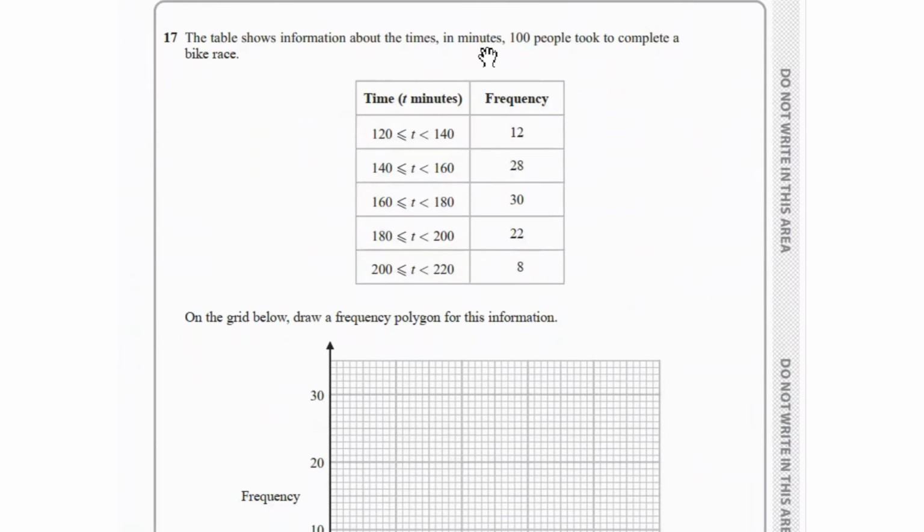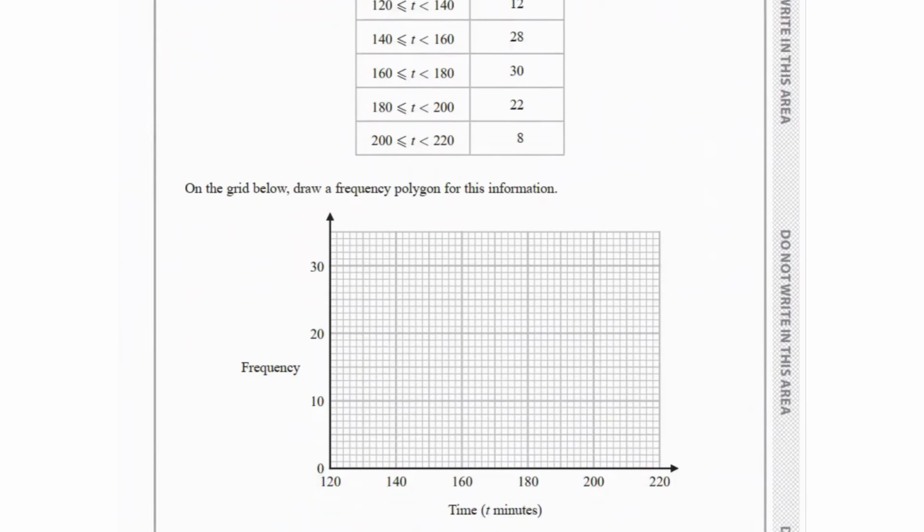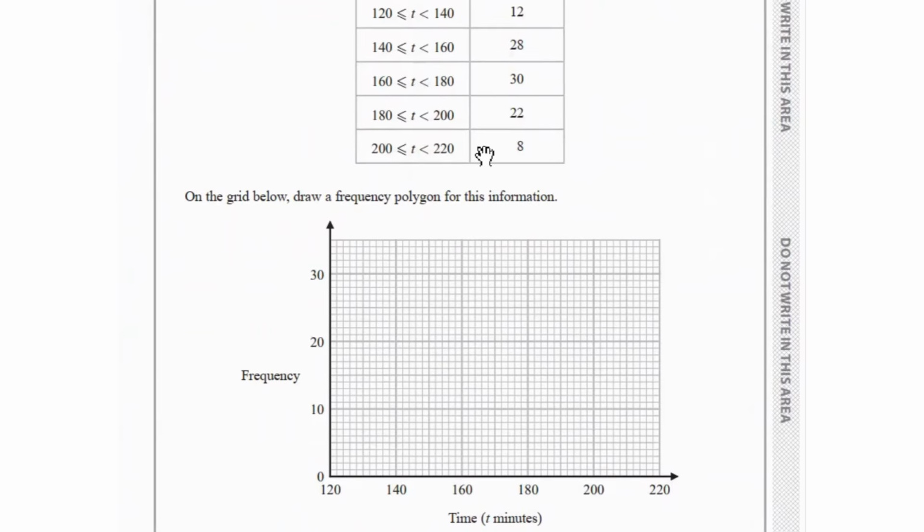The table shows information about the times in minutes 100 people took to complete a bike race. On the grid, draw a frequency polygon for this information. So for the frequency polygon, we take the midpoint of the intervals on the x-axis, and the y-axis is your frequency.